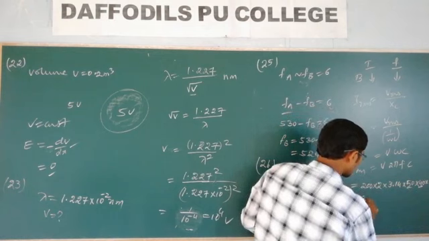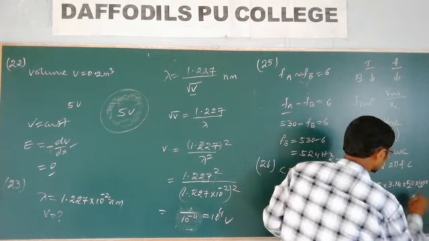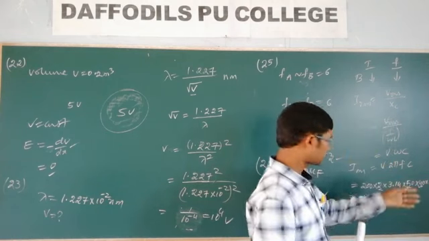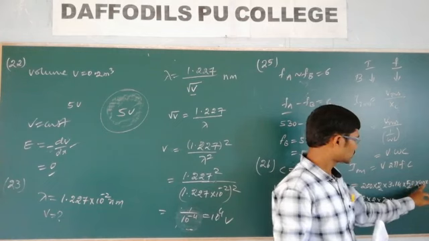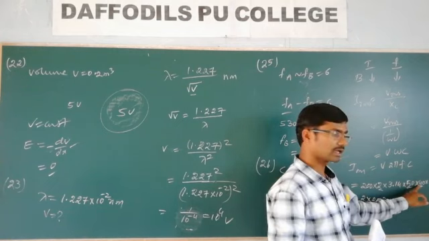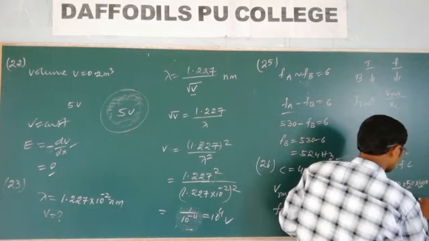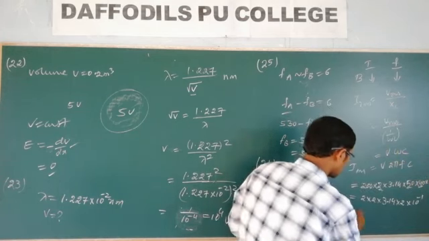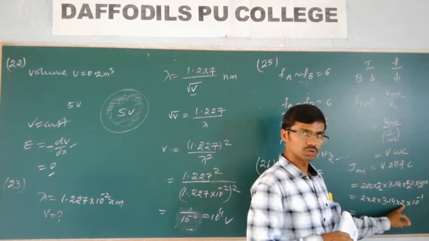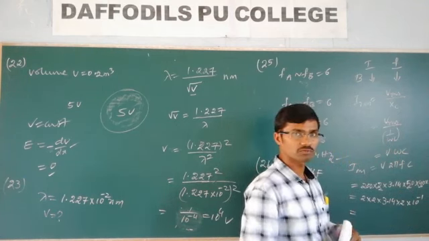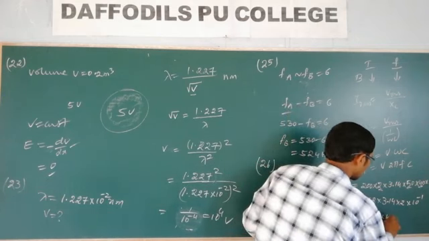Let me first find the 10 powers: 2 into 3.14 into 5 into 4, with 2 zeros and one more here, so 10 power 5, and 10 power 5 with 10 power minus 6 gives 10 power minus 1.